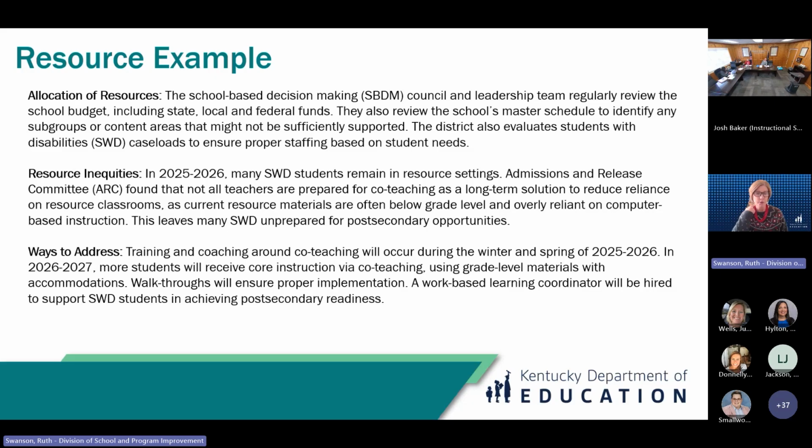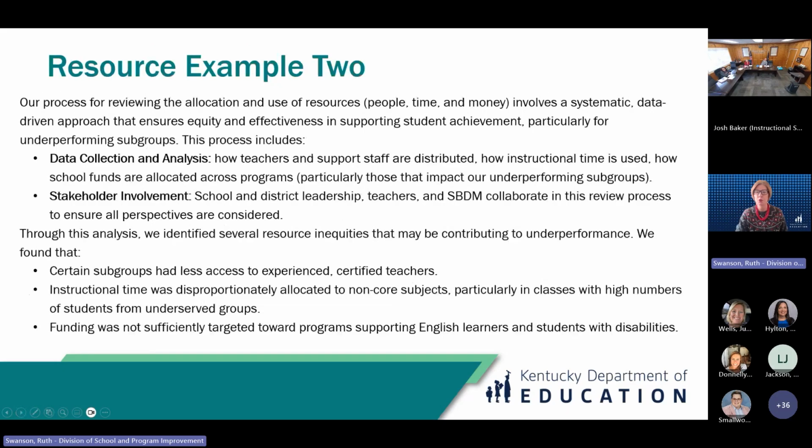They're going to use walkthroughs to help monitor proper implementation: are the things they've learned being used in the classroom moving forward? They also mentioned they're going to be hiring a position to focus on post-secondary readiness, especially for their students with disabilities. That indicator would have been a low one and a need that they identified during the needs assessment process.